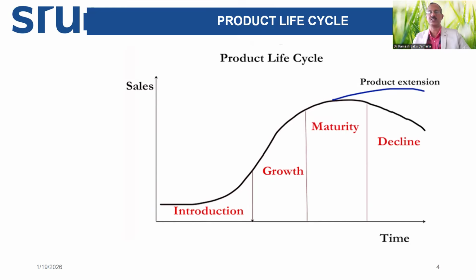Then at one stage, this particular model of the product will become stable in the market. The meaning is it will capture the market and we will have some sales which is almost constant, which is called maturity stage. For example, a company initially made 200 to 300 numbers in a batch production and released in the market. People liked it. Then that number will increase, go to thousands and millions.